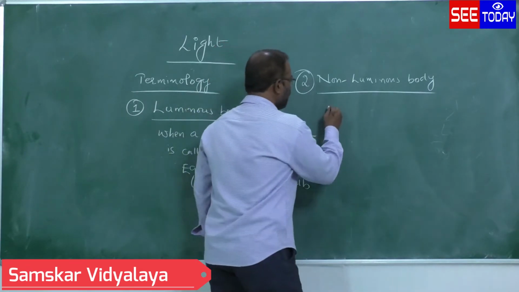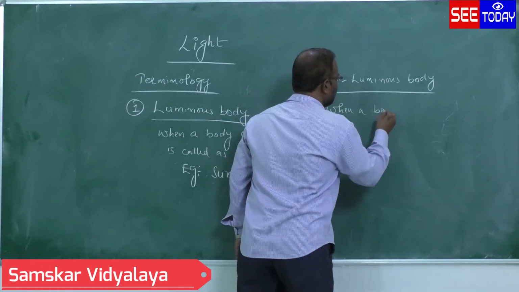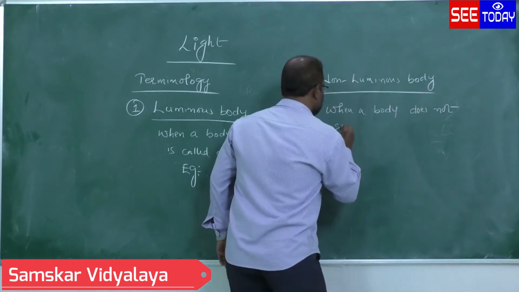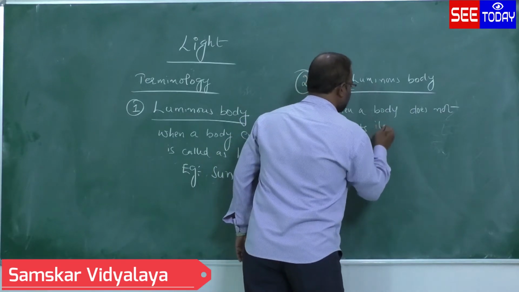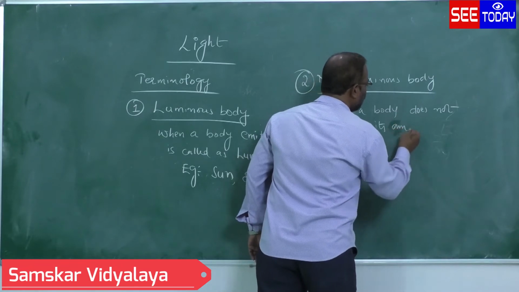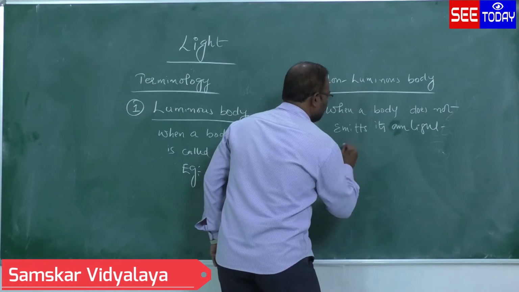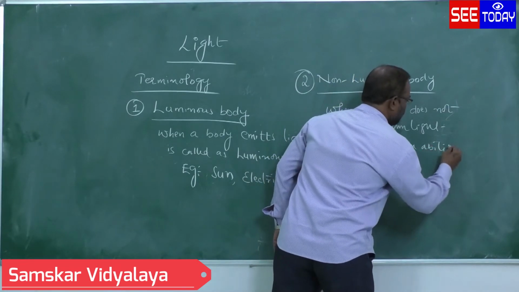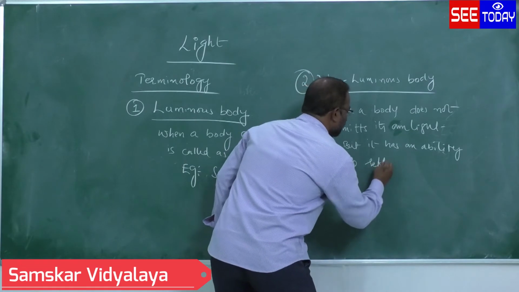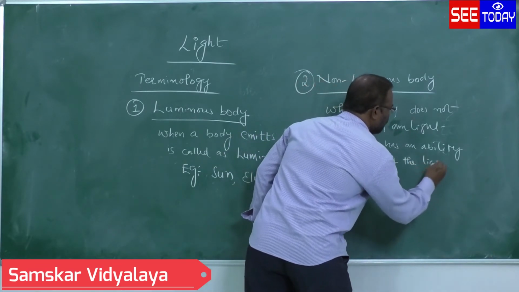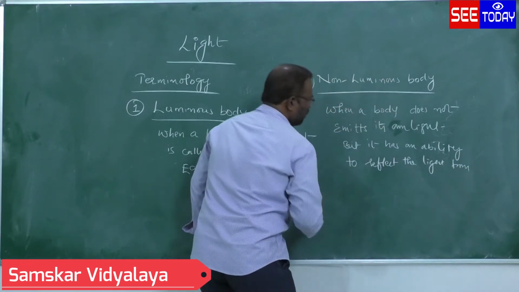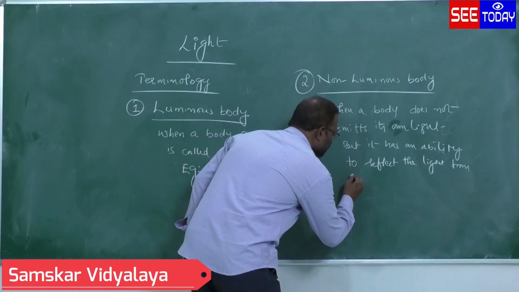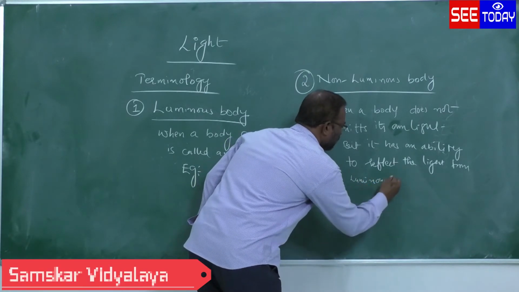So what is that? When a body does not emit its own light, but it has an ability to reflect the light from luminous bodies.